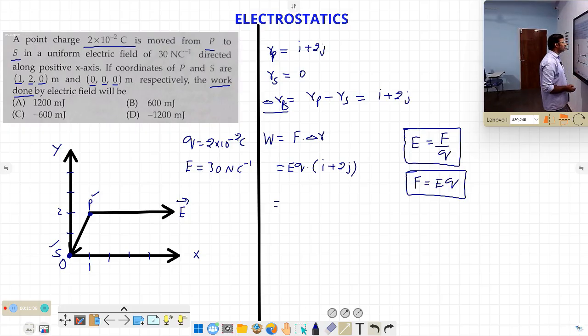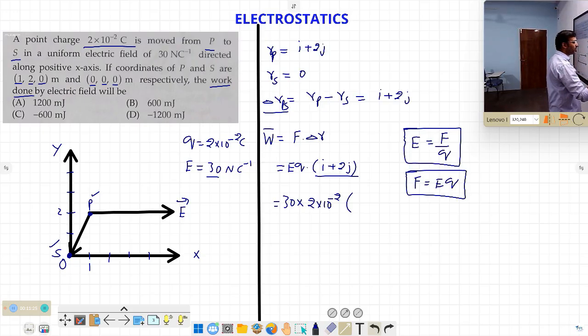Now what is the E value? It is already given in magnitude, so there is no difficulty. And what is the charge Q? That is also given, 2 into 10 power minus 2 coulombs, into this i plus 2j given in vector form. Work is a scalar, so we need the magnitude.